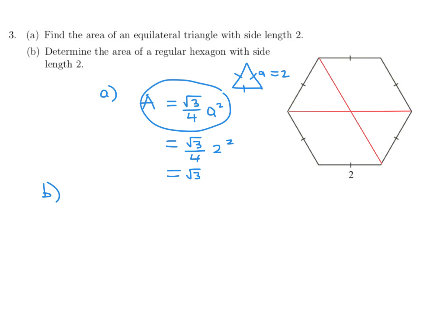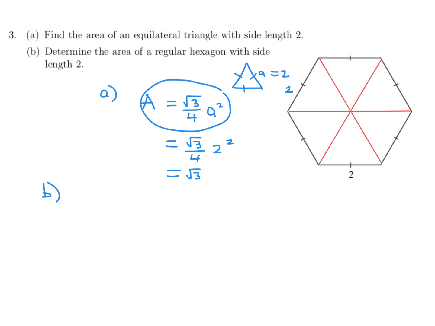And the fact that they gave you that in part A should give you a clue for part B. They usually do that in questions where one part sort of leads into the other, and that's nice of them to do. So there you go. I just split up that hexagon into 6 equilateral triangles. And each of these has a side length 2. Correct? And yeah, that's pretty much it.